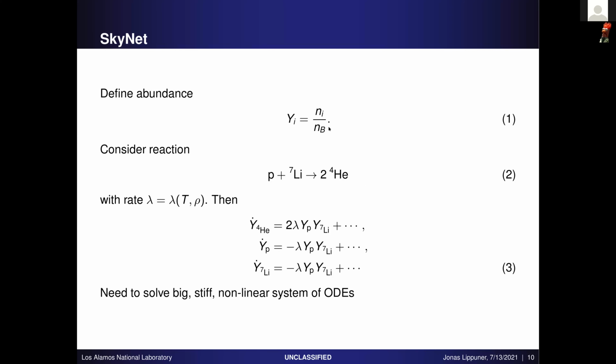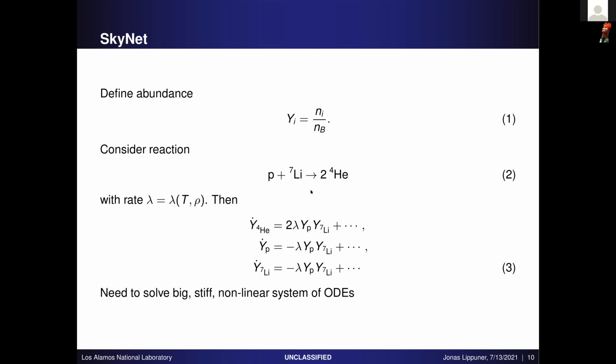Because the number of baryons is conserved, the baryon number density only changes due to expansion and contraction of the material as a whole. So if we divide this out, we divide out the changes in the number density of individual species from expansion and contraction, which means the abundance is sort of like a normalized number of particles of that particular species, and it can only change due to nuclear reactions. It cannot change by just expanding or contracting the material as a whole.